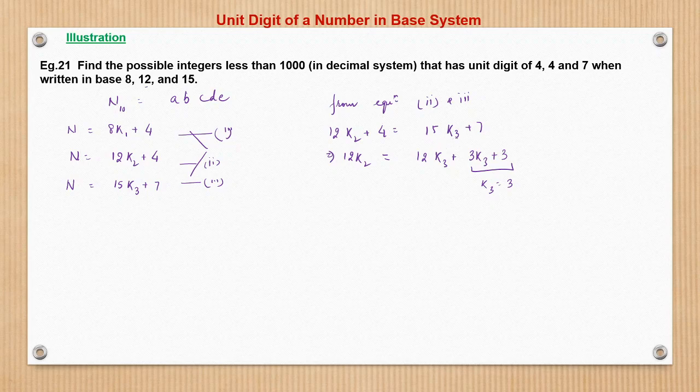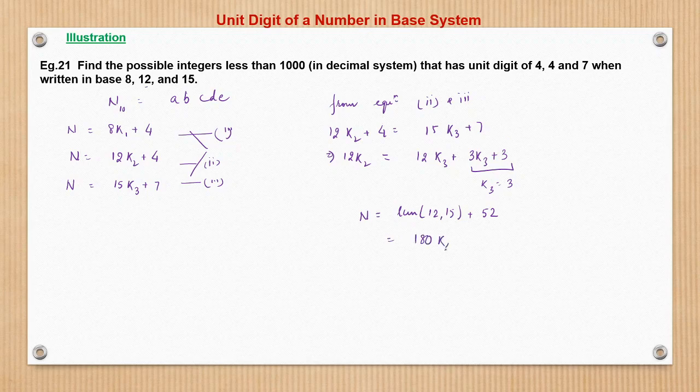So from these two equations we can write n as LCM of 12 and 15 plus, substituting k3 equal to 3 in this equation, what do we get? 15 times 3 is 45, plus 7 is 52. This also we have seen in the LCM chapter. LCM of 12 and 15 is 180.